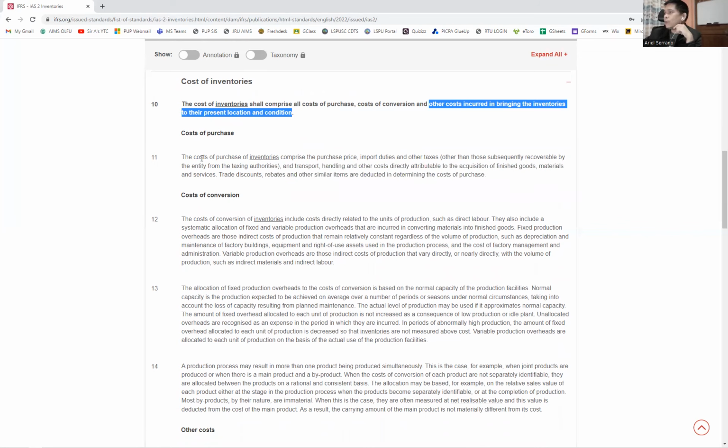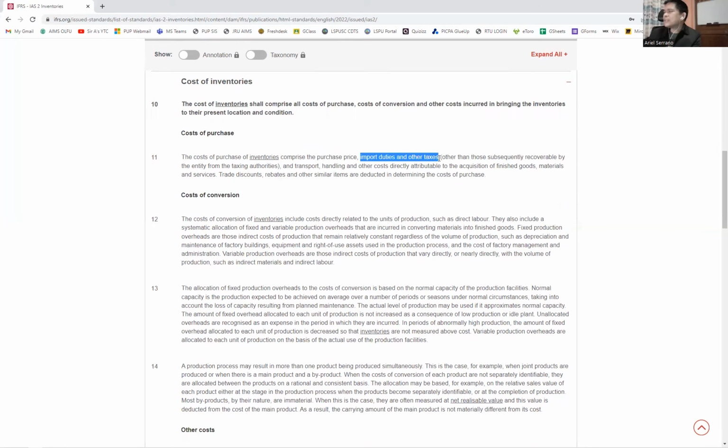Ano ang bumubuo dito? So, sabi sa paragraph 11, the cost of purchase of inventories comprise the following. Unang-una sa lahat, yung purchase price. Magkano ko ito nabili? Pangalawa, kung meron tayong import duties, okay?